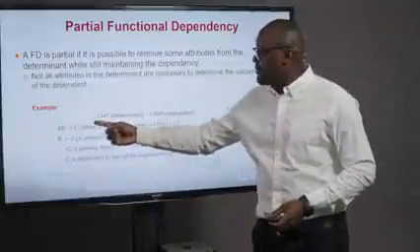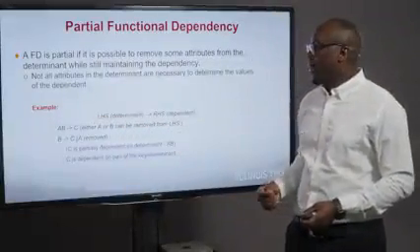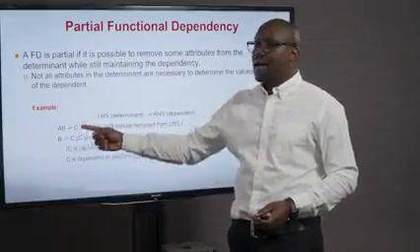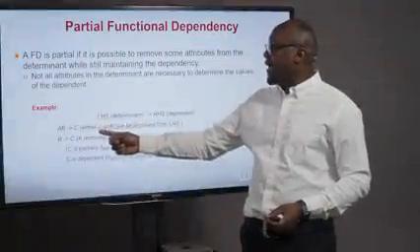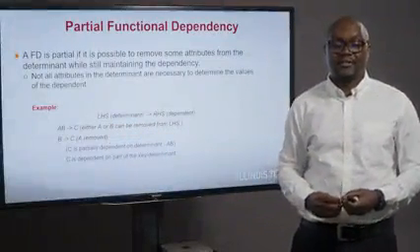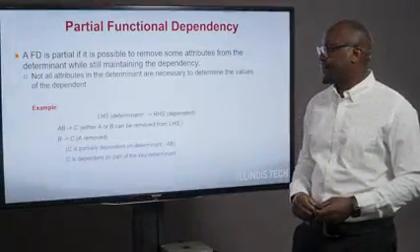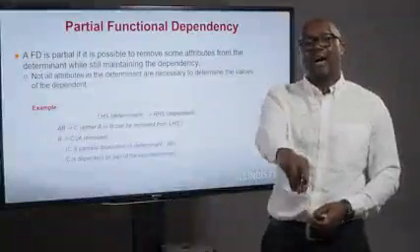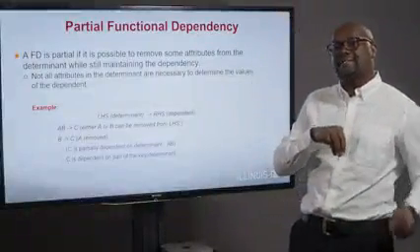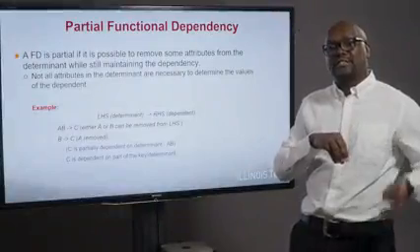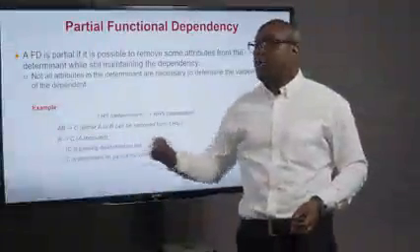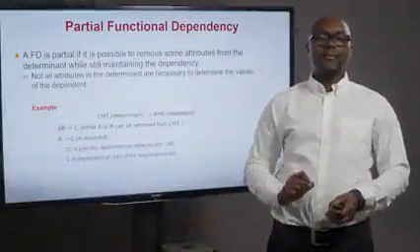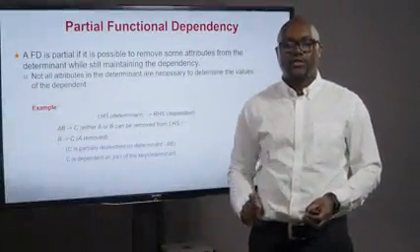So still back to our same example where we have AB pointing towards C, we're saying that either A or B can be removed from the left-hand side, because it is possible to remove some of the attributes from the left-hand side, and the left-hand side is always the determinant. So let's try removing A. We're going to remain with B pointing towards C.